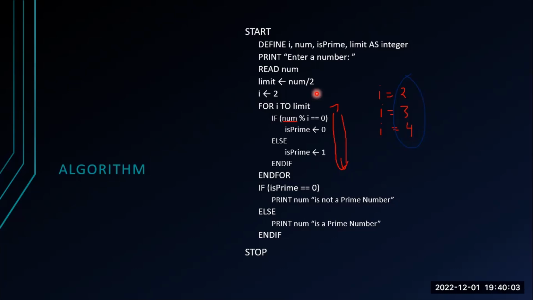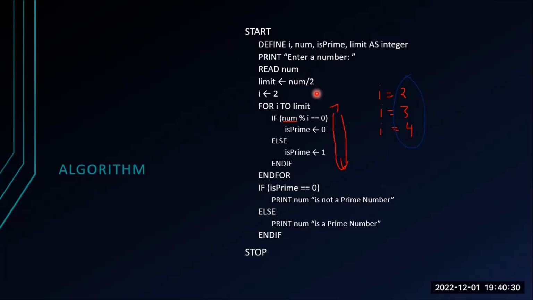So then after setting I to 2, we would then run a for loop that would go all the way to limit. So then as long as I is less than limit, it would then divide num by I, which is the number that would keep iterating from 2 to limit.